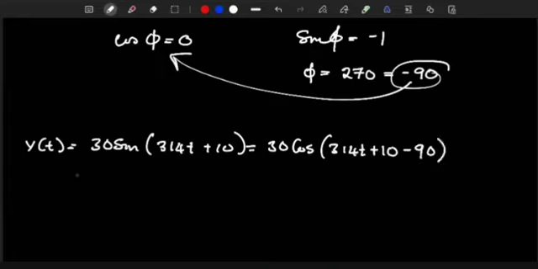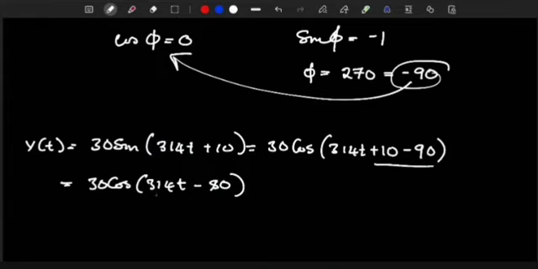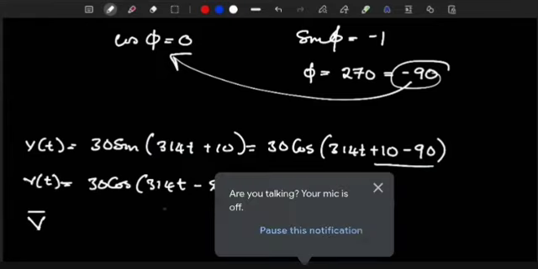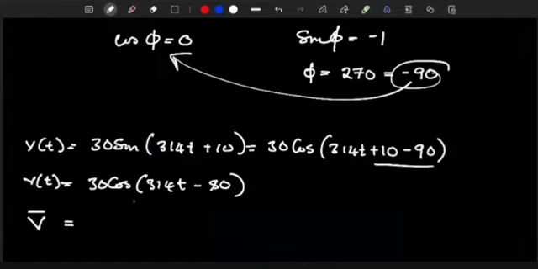When you rewrite, this is now 30 cos(314t minus 80). So if this is the expression as a sinusoid in terms of cosine, we can get the phasor form. The voltage across the capacitor is the peak value 30, phase angle minus 80 degrees.